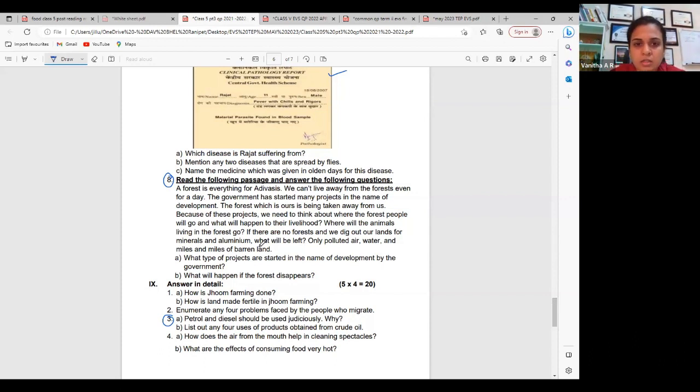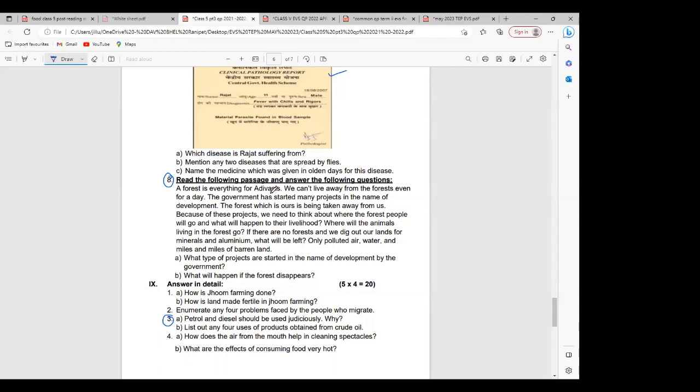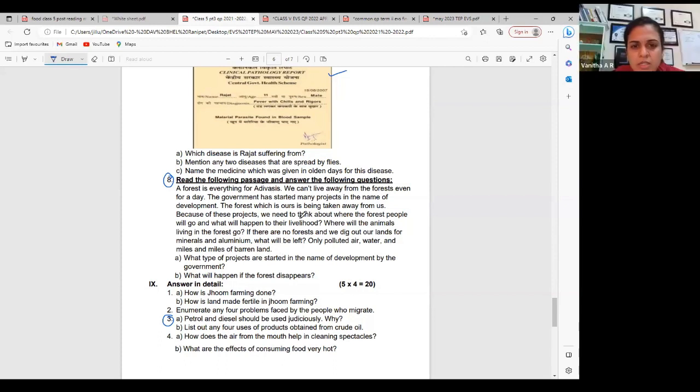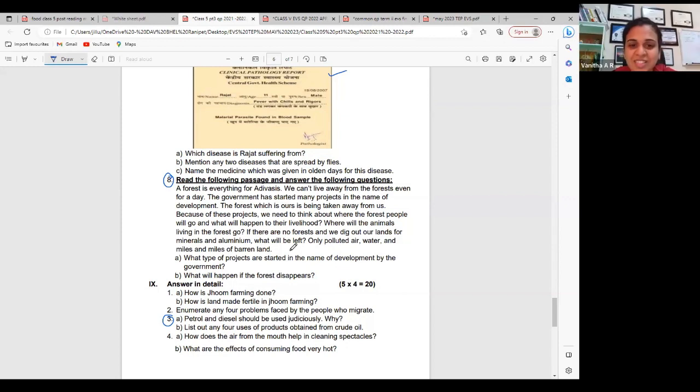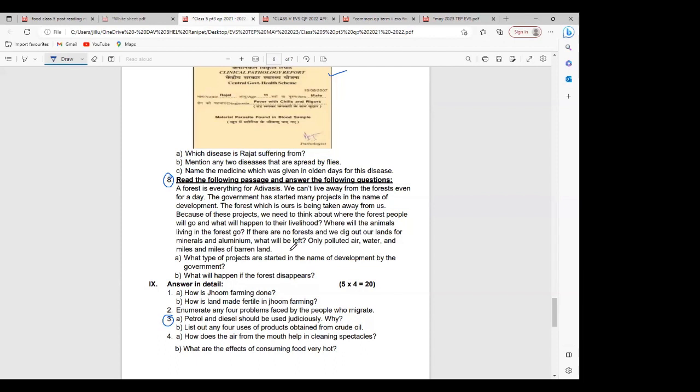I think this is taken from somewhere outside the text, ma'am. No, ma'am, this one is from the text. Adivasis, no? Suryamani, girl star. Yes, ma'am. Yeah, it could be from the book or a related topic from outside also. Okay. Thank you, ma'am.